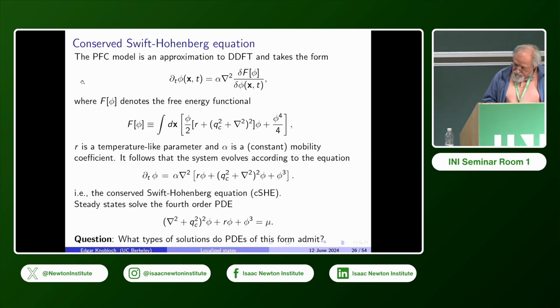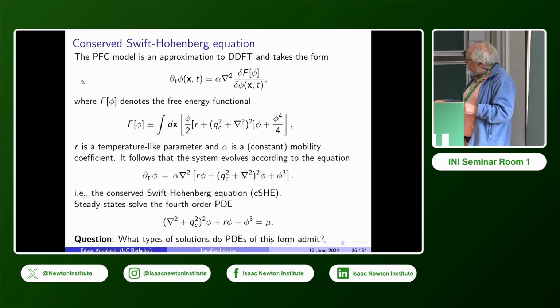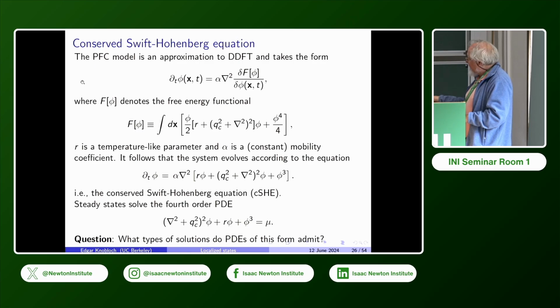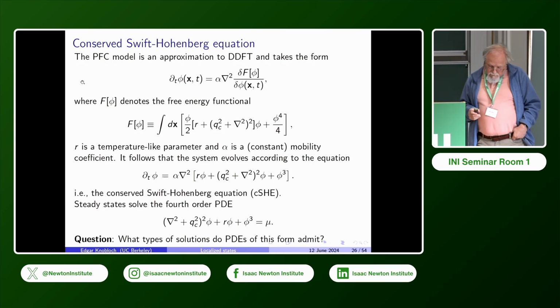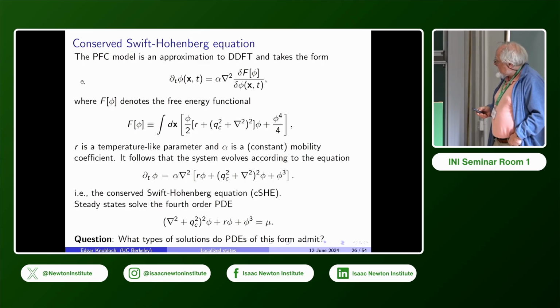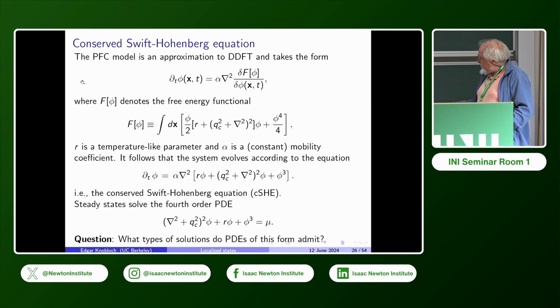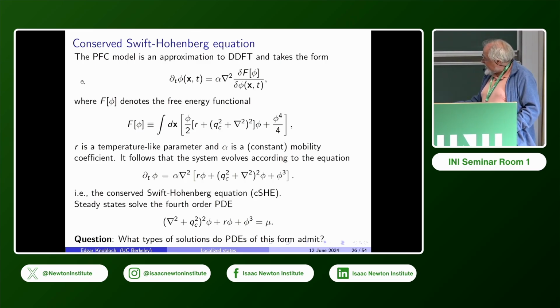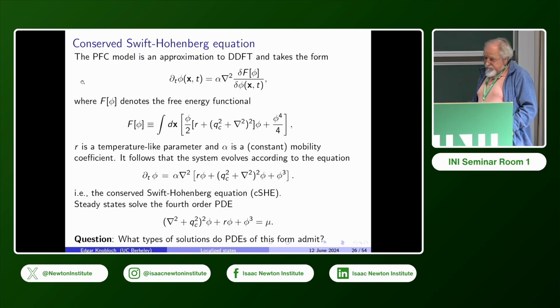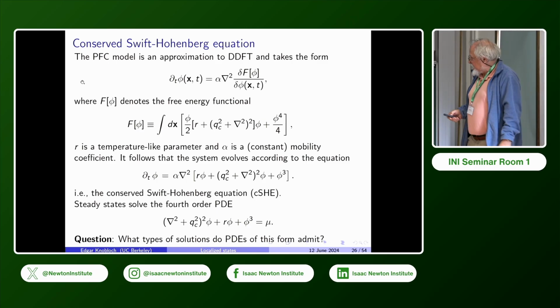And when you do that, through the usual kind of gradient expansion, you end up with this equation here, which people usually call the phase field crystal equation. Alpha is the mobility here. F has this Swift-Hohenberg form. This is like phi-4 theory, except you have this internal length scale given by the wave number q_c. And then the dynamics follows this equation, which is the equation that we've had, except for the Laplacian in front. So it's natural to call this the conserved Swift-Hohenberg equation.